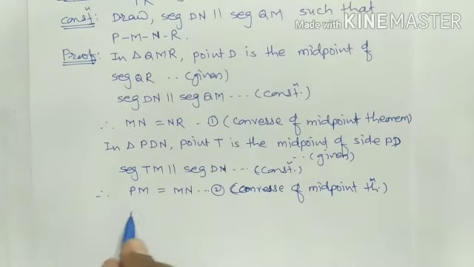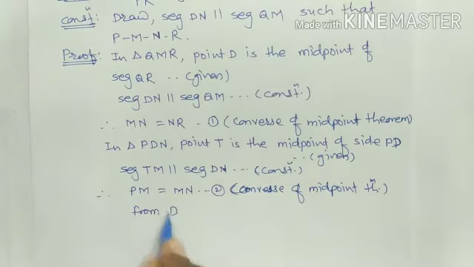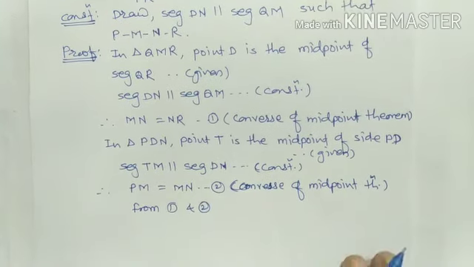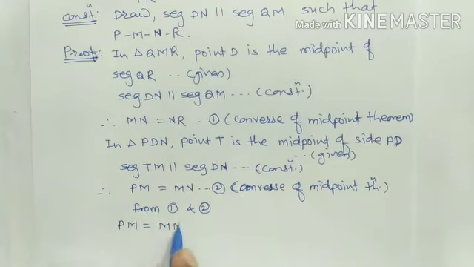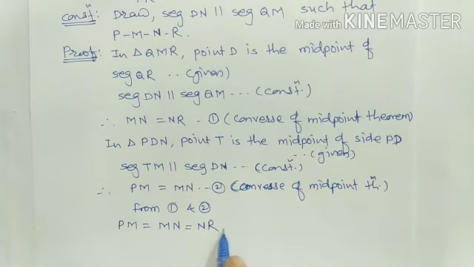Now from first and second, PM equals MN equals NR, number 3.